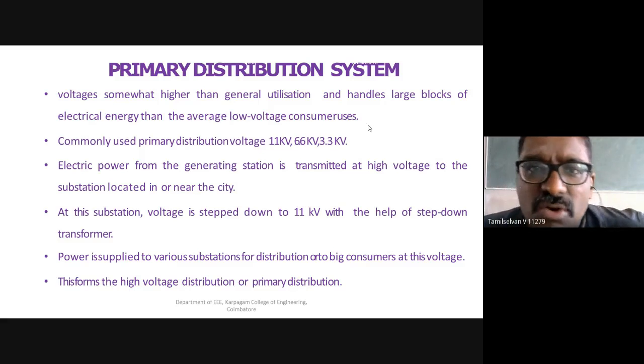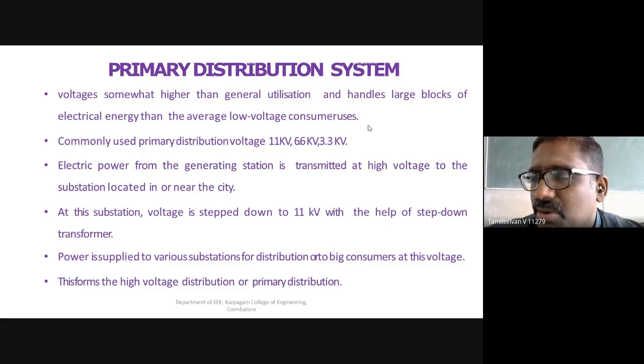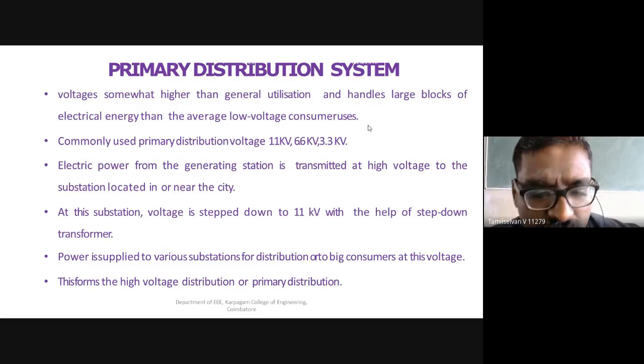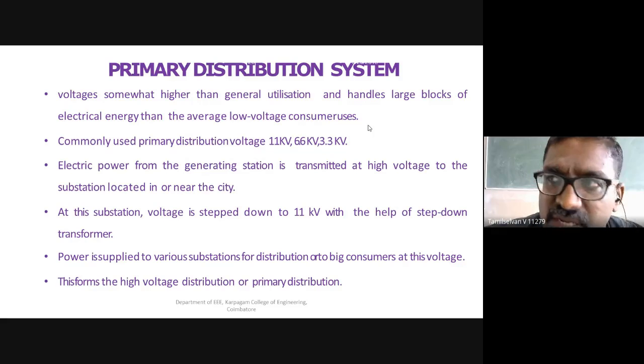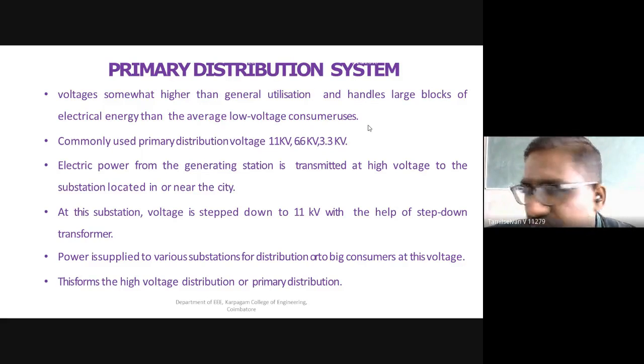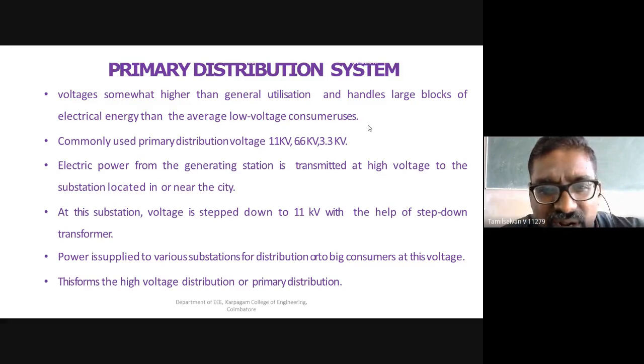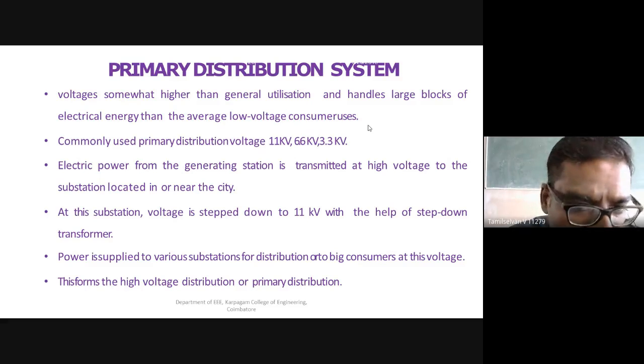Our input voltage is 22 kilovolt, which is stepped down to 415 volt at our own substation.